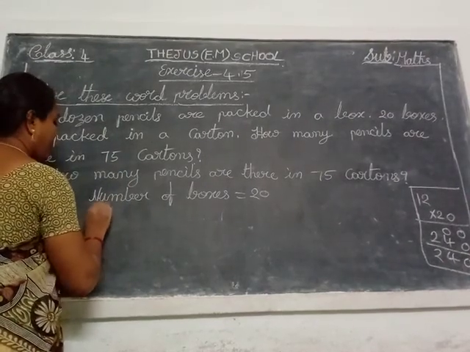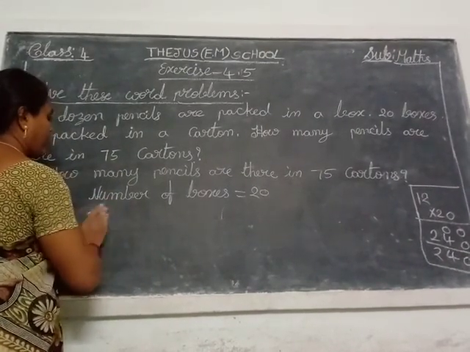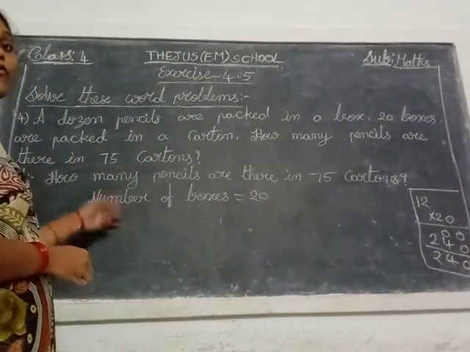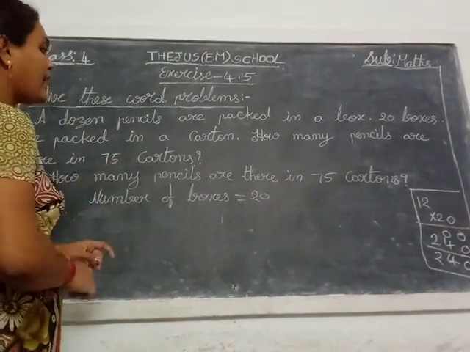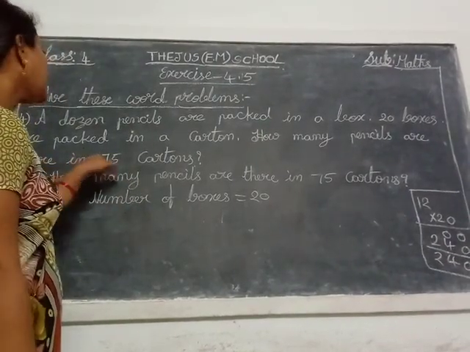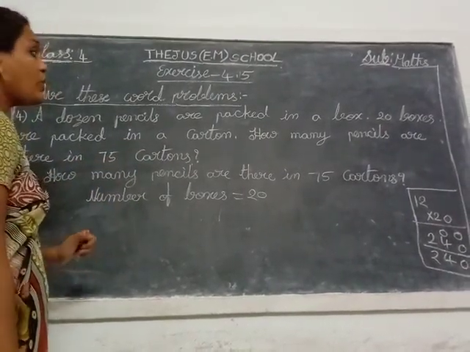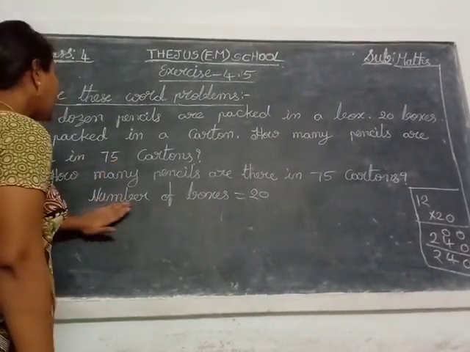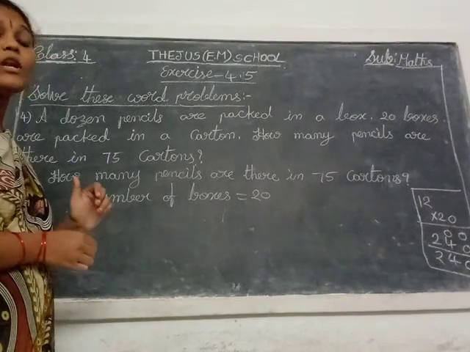Yes, children. These 20 boxes are packed in only one carton. Now, how many pencils are there in 75 cartons? So 20 boxes in one carton. So 20 boxes have how many pencils, children?